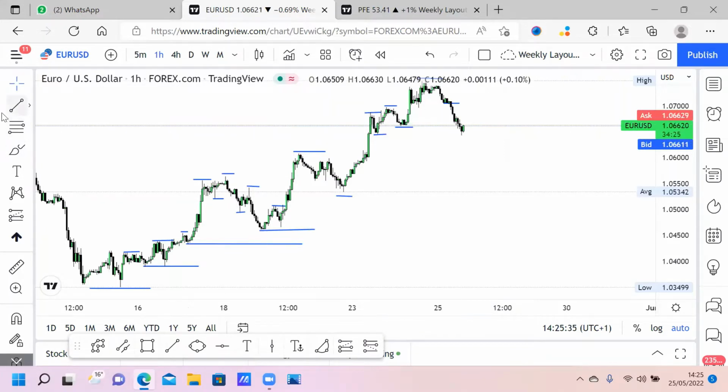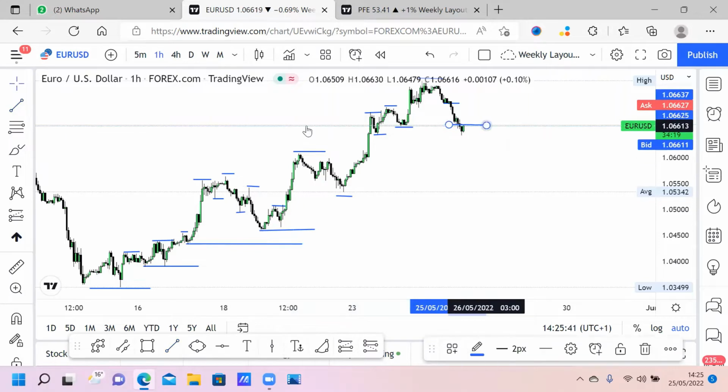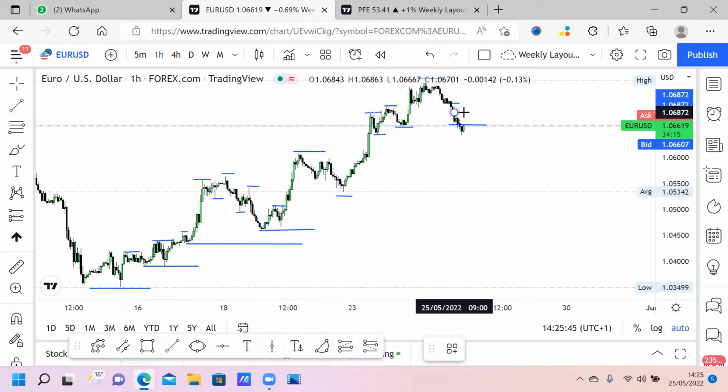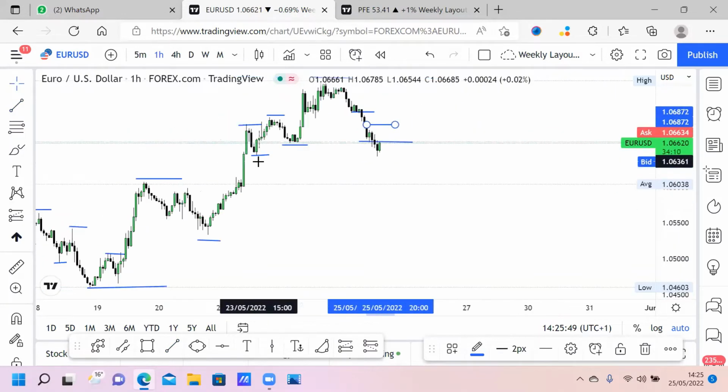So what's happening here? It's making lower lows and the high is becoming lower. This is telling you the trend is going to reverse.